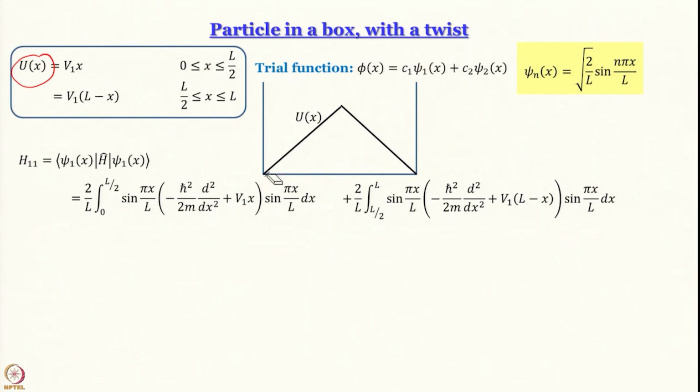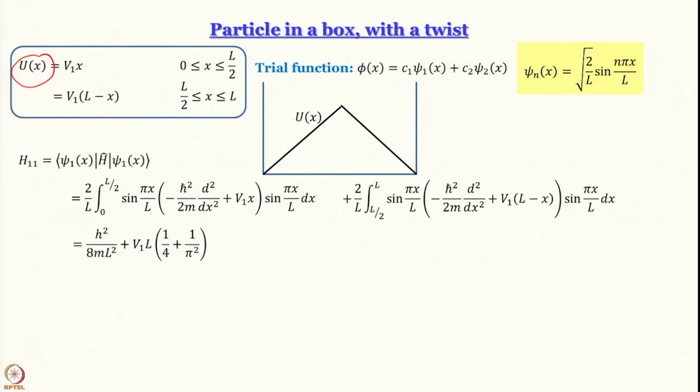When you do that, and when you perform a similar treatment on the second term that is there, the final result that I will show you is h square by 8 m L square. Remember what h square by 8 m L square is? It is essentially the energy of the particle in a box when potential energy inside is 0 and potential energy outside is infinity.